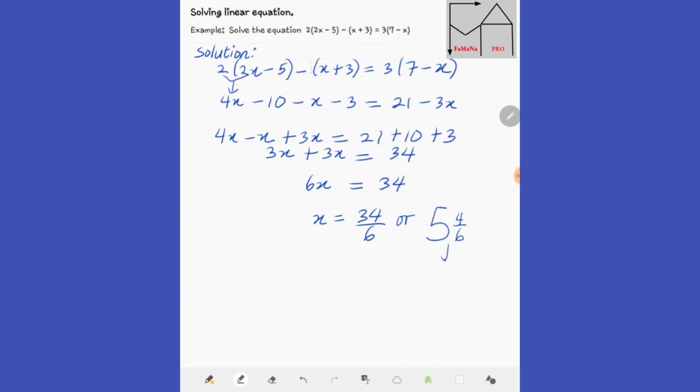So it becomes 5 whole number, 2 in 4 gives 2, 2 in 6 gives 3. So you have 5 and 2 over 3. So our final answer, x, is 34 over 6, or 5 and 2 over 3.